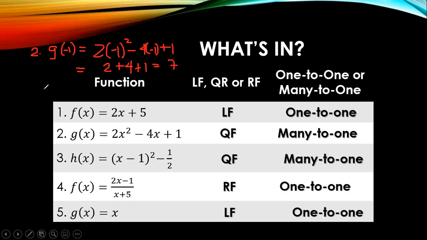So pag sinubstitute ko g of 1, yung sinubstitute ko kay x, so that is 2 times 1 squared minus 4 times 1 plus 1 is equal to, so same lang, no? 2 times 1 squared, that is still 2 minus 4.